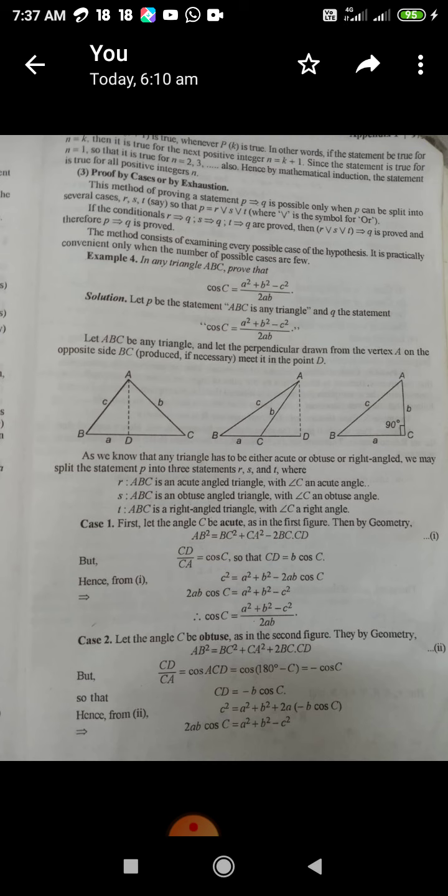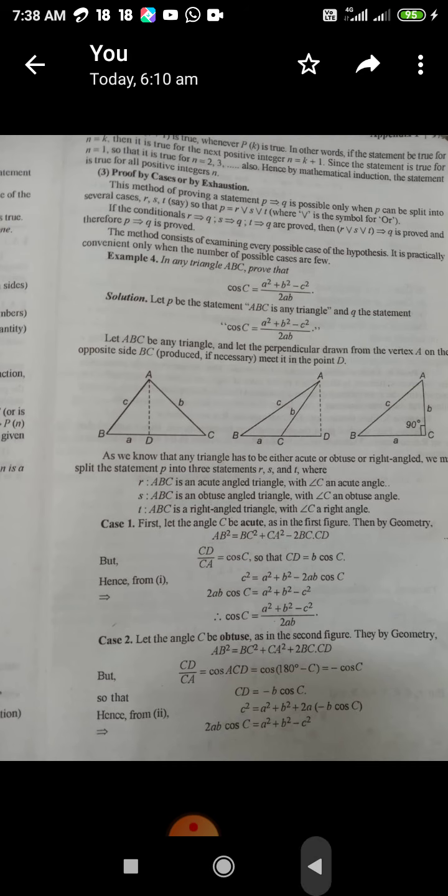Similarly case 2, when C is obtuse, in the second figure by the geometry we know AB square is equal to BC square plus CA square plus 2BC into CD, but CD upon CA is equal to cos ACD, or cos ACD is equal to cos of 180 degree minus C, which is equal to minus cos C. Then CD is equal to minus b cos C. So c square is equal to a square plus b square plus 2a into minus b cos C. So multiplying we get 2ab cos C is equal to a square plus b square minus c square.